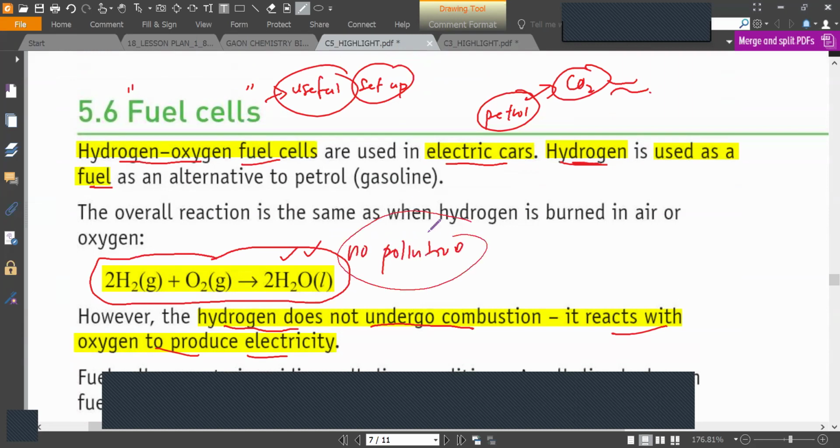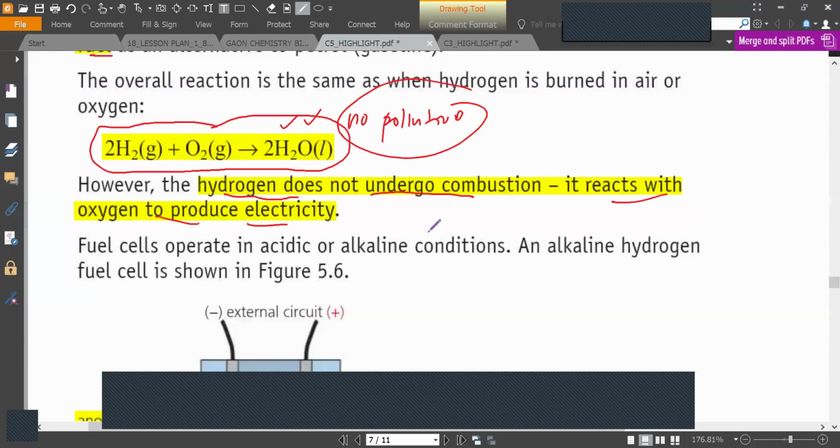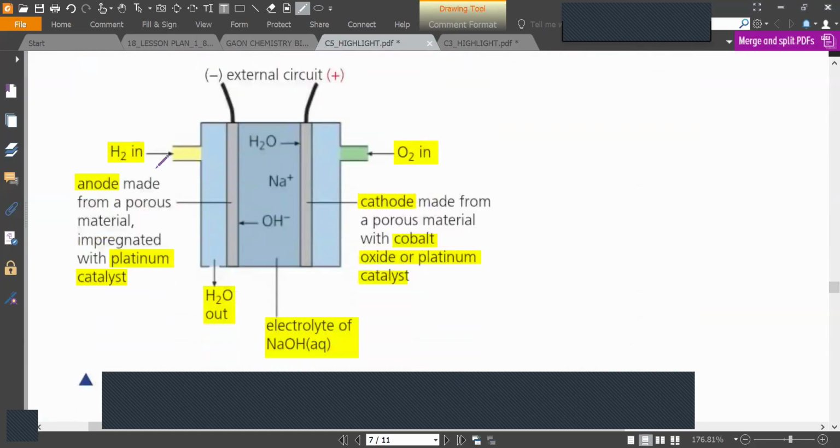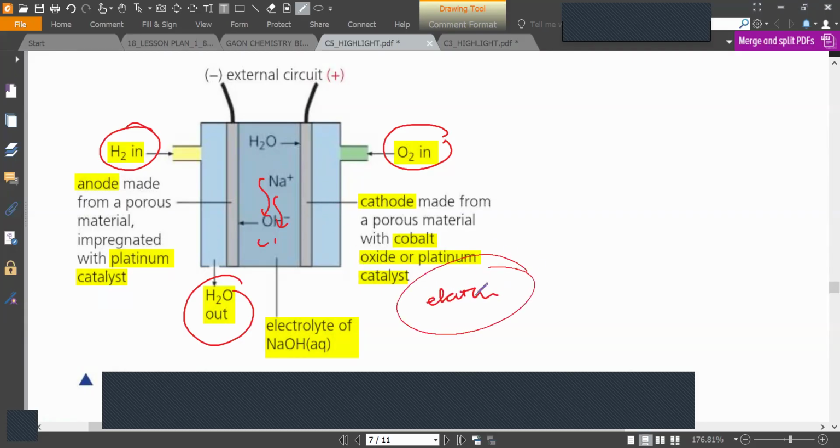So this is the setup here. We put the hydrogen gas in here and then oxygen gas in here, and it will undergo the reaction and produce the water, and at the same time it will produce electricity.